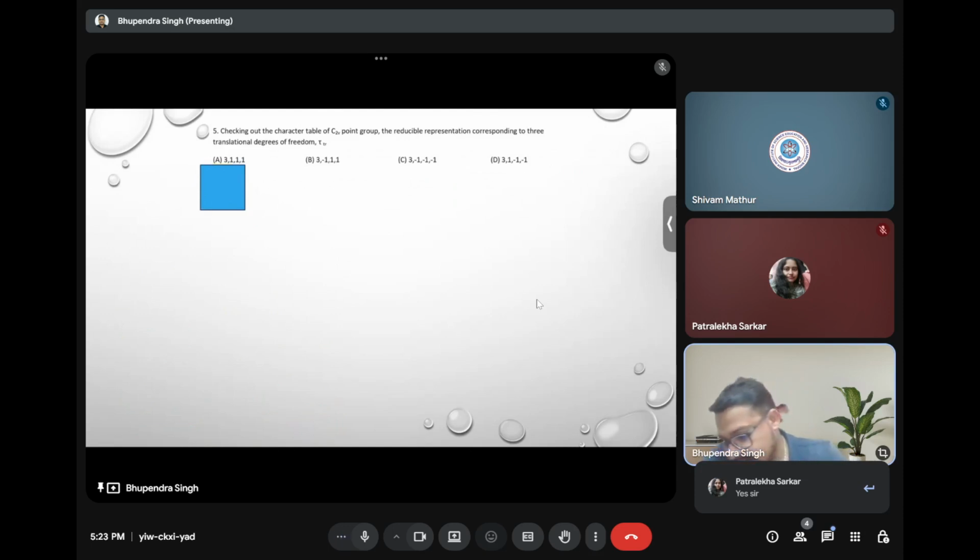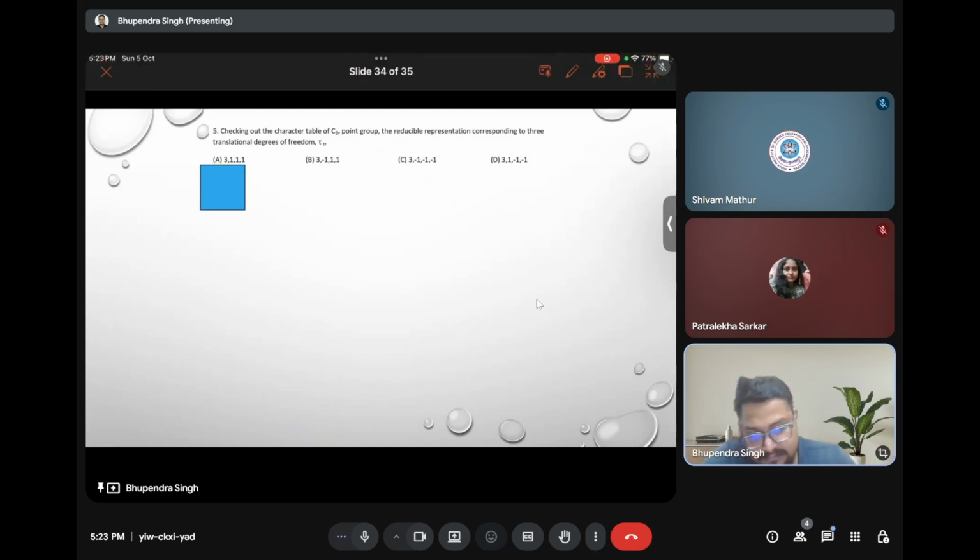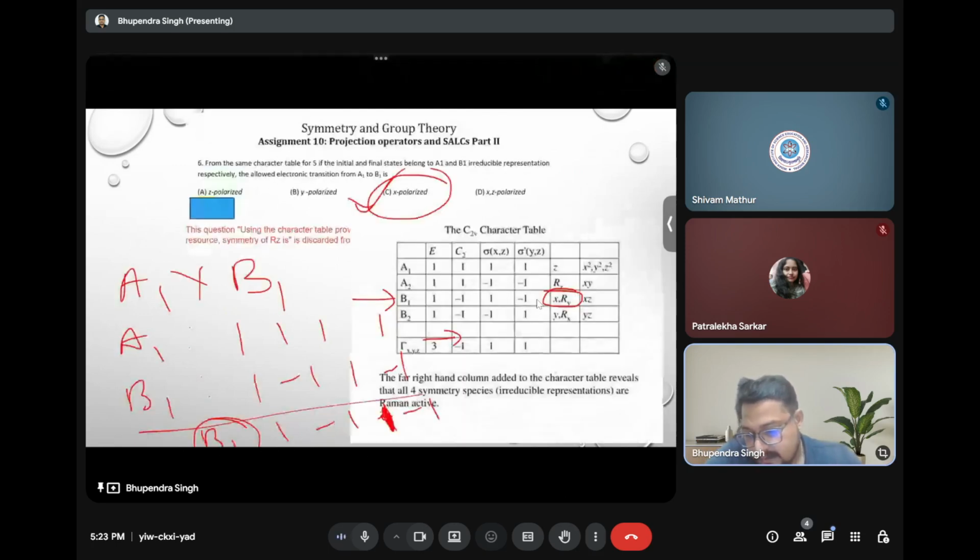Okay, next question. Same character table, check out the character table of the C2v point group. The reducible representation corresponding to three translational degrees of freedom.